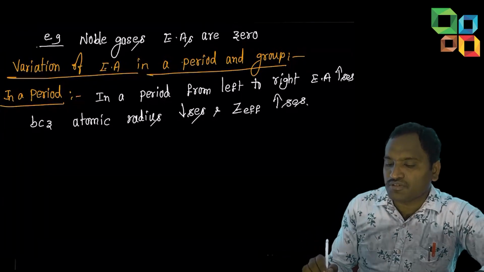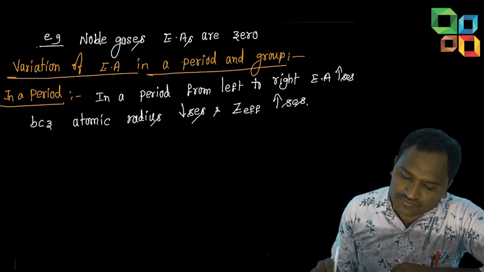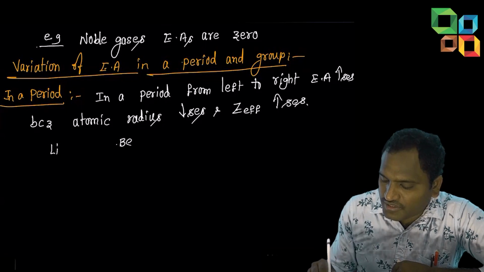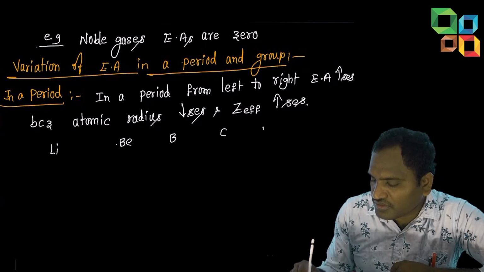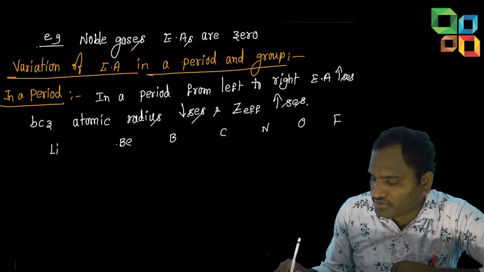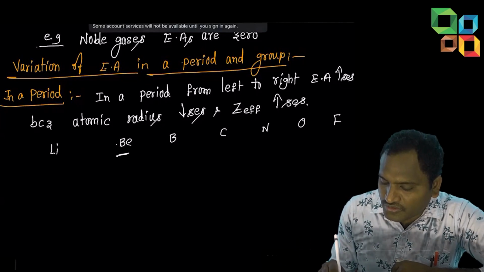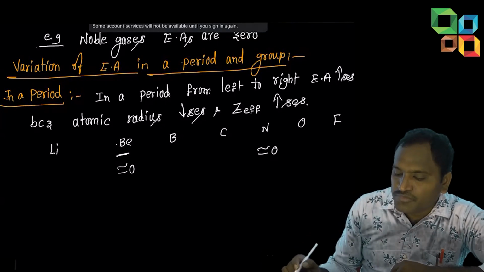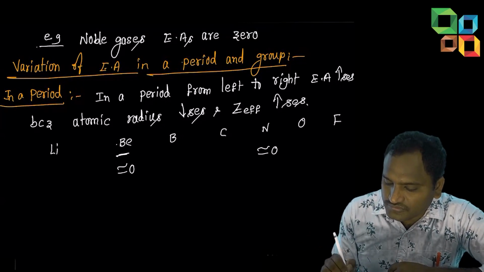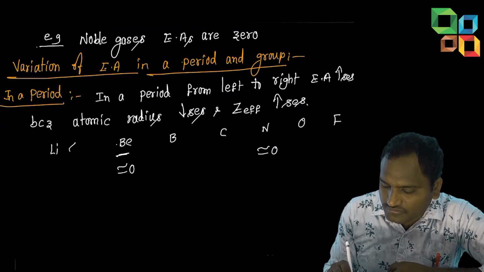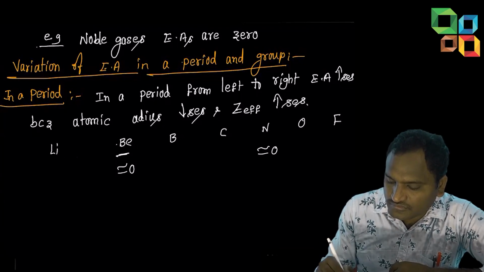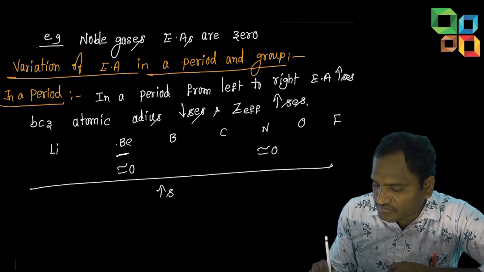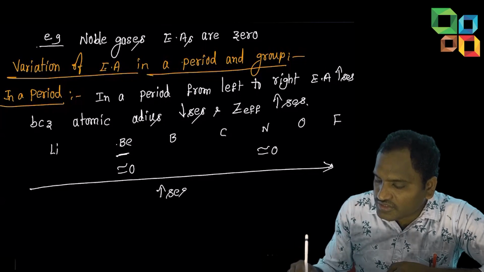Both are favorable for electron affinity. But if you see the second period elements, lithium, beryllium, boron, carbon, nitrogen, oxygen, fluorine, beryllium electron affinity is almost equal to 0. Even nitrogen is almost equal to 0. So here you have to write: increases from left to right. These are the exceptions.